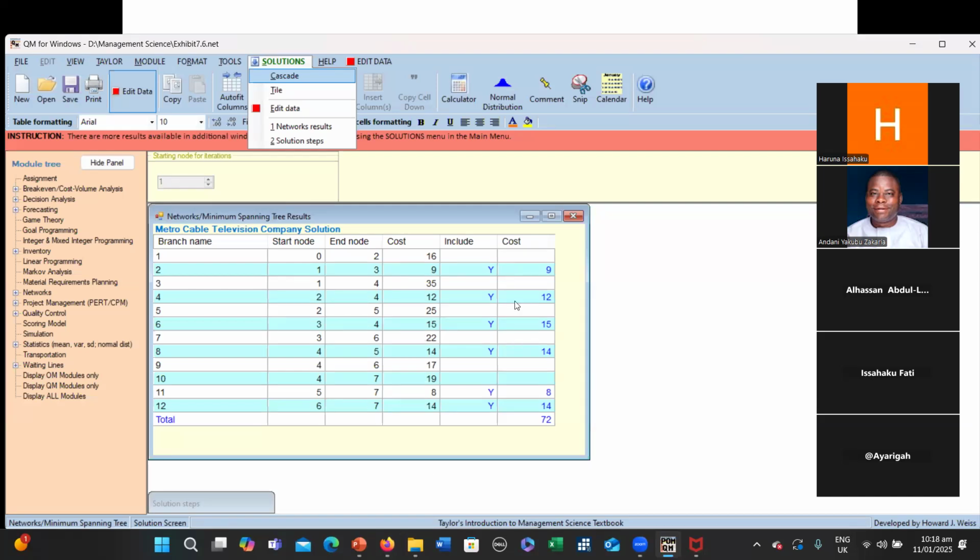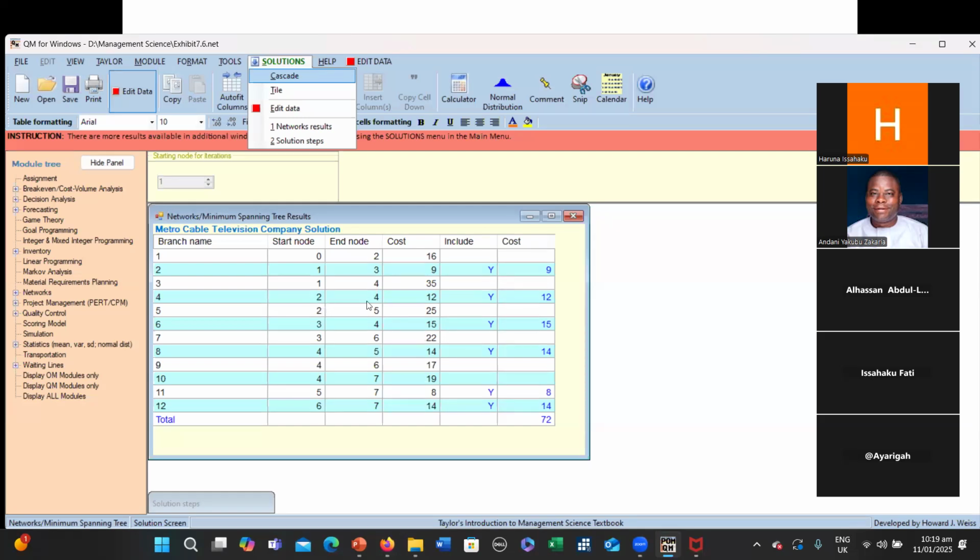Okay. Then you see include y. Wherever you see the y, it means that that node is to be included. The y is yes. So it means that we'll include 1 3, which will cost us 9,000 meters. We will not include 1 4, because there's no yes there.